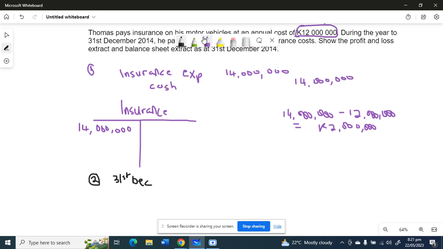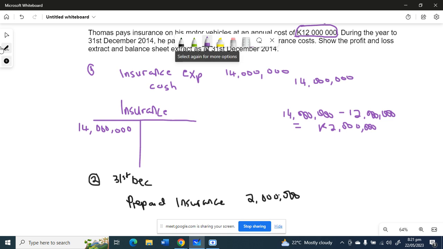You debit prepaid insurance, this is our prepayments, 2 million, and we credit the insurance expense account, 2 million.